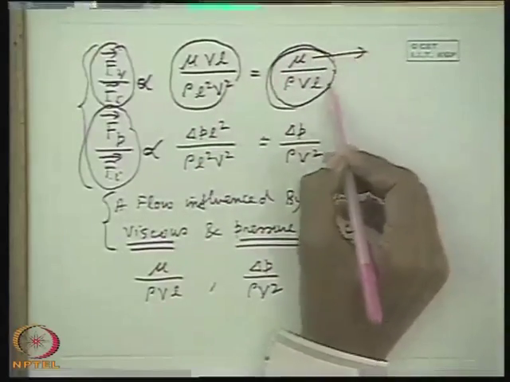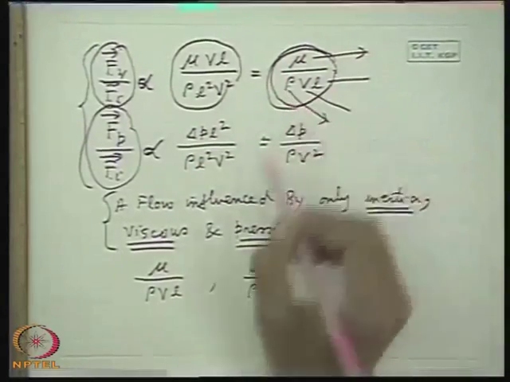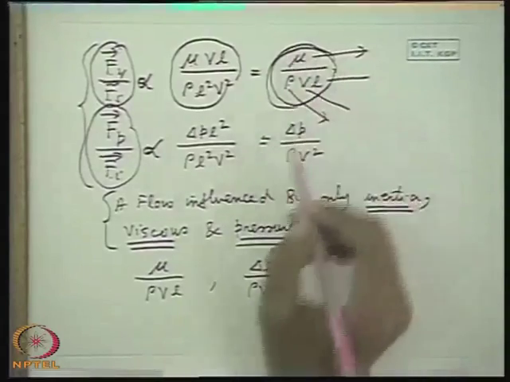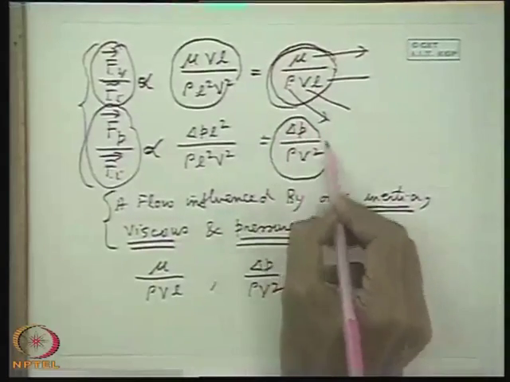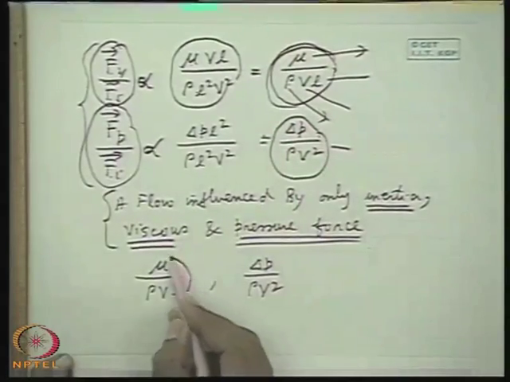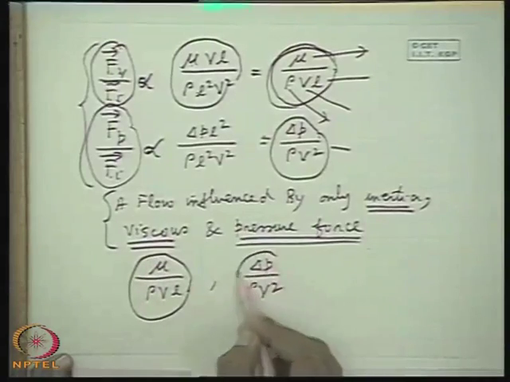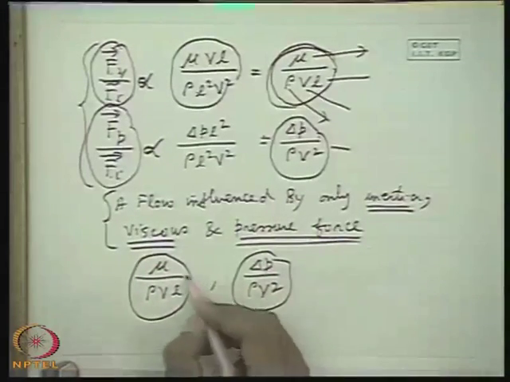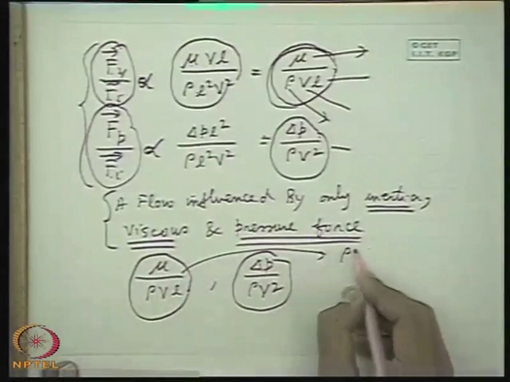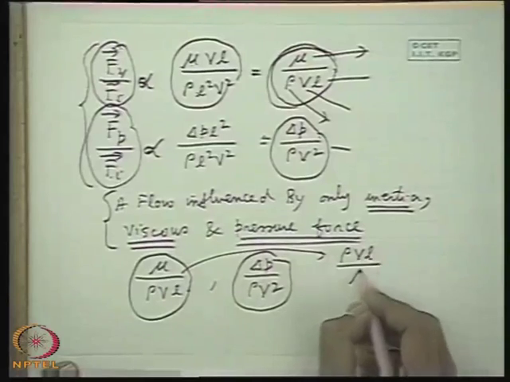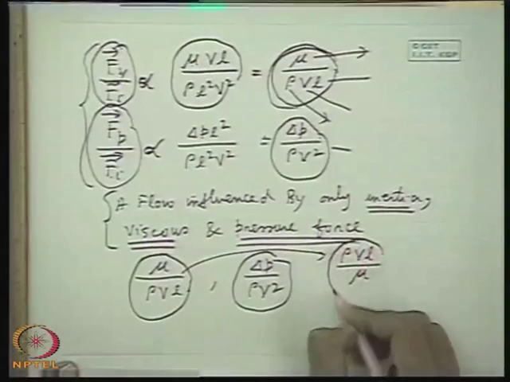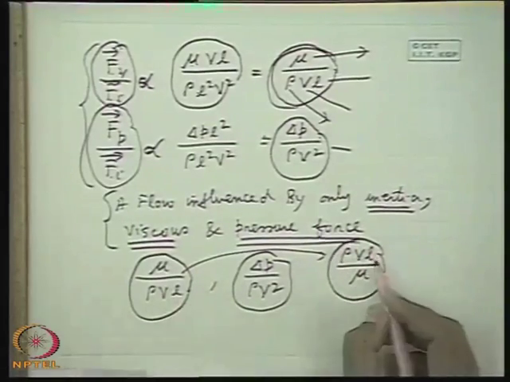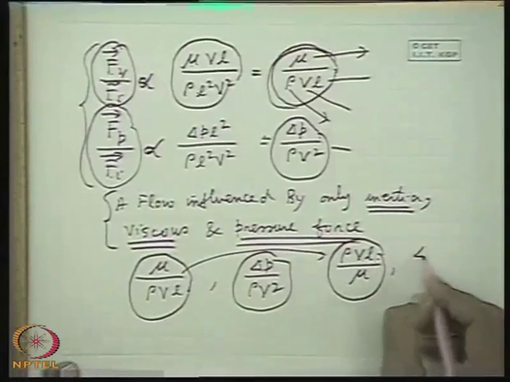You can check by putting in the dimensions of each quantity. Similarly, delta P by rho V square is dimensionless. Conventionally, the first is defined in reverse, rho VL by mu, the ratio of inertia to viscous force.